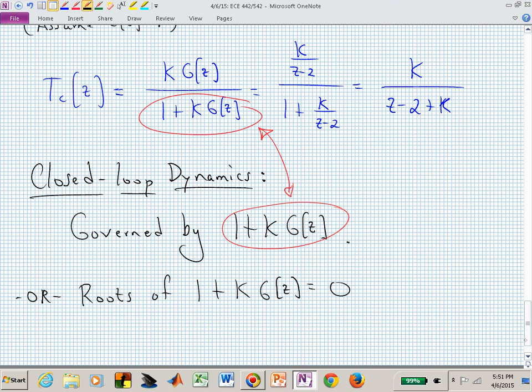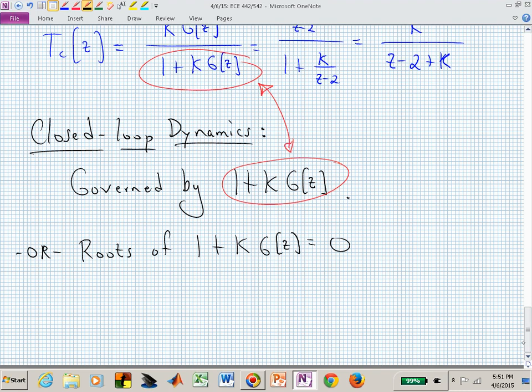You could think of this another way. The roots of 1 plus kG of z, or what values of z allow that to be true, can also be found by looking at the numerator of 1 plus kG of z and setting that numerator equal to 0.